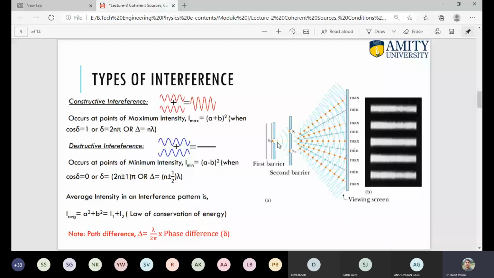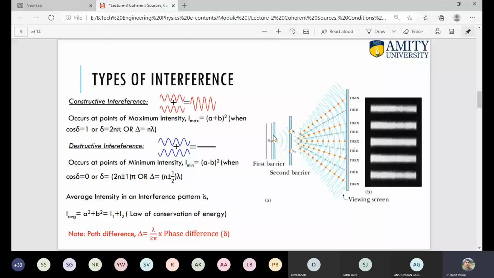So what are wave fronts? You know that since S is a light source, it will produce a disturbance, and this disturbance will disturb all the particles in the neighborhood of the light source.